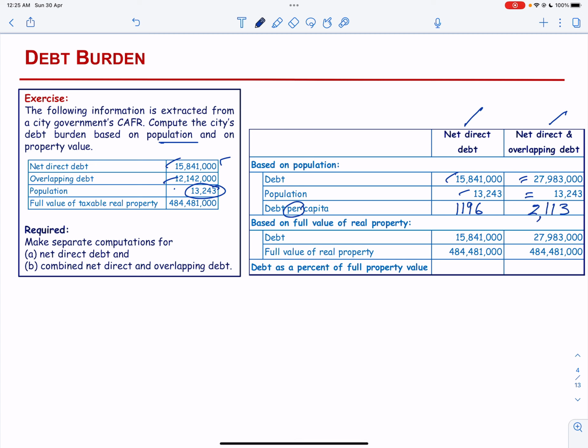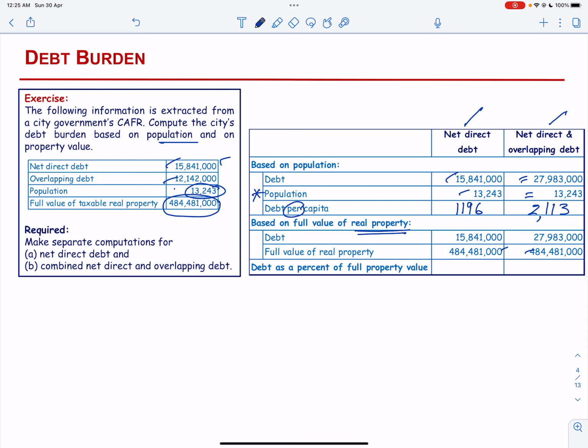Then based on full value of real property, now we have done the population, and now we are going to go for the real property, and the real property is 484,481,000.